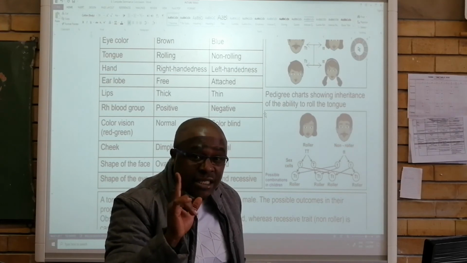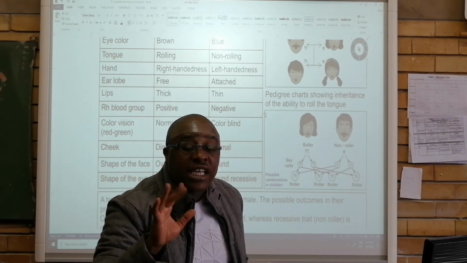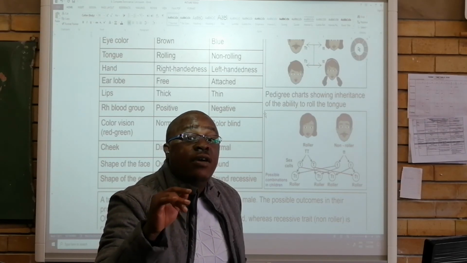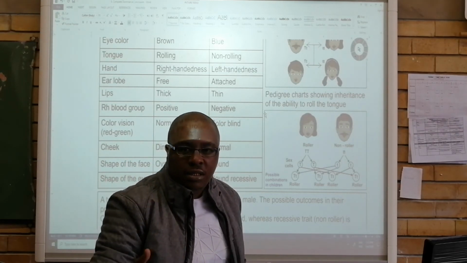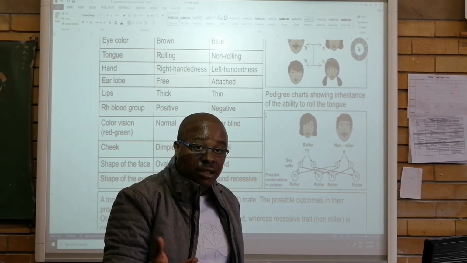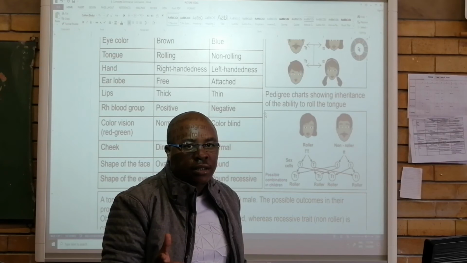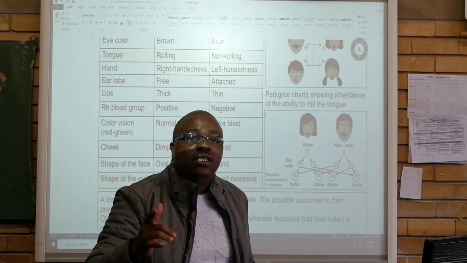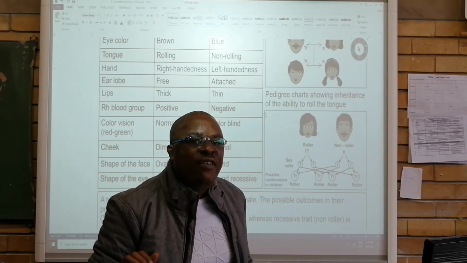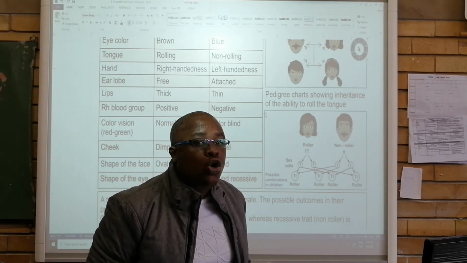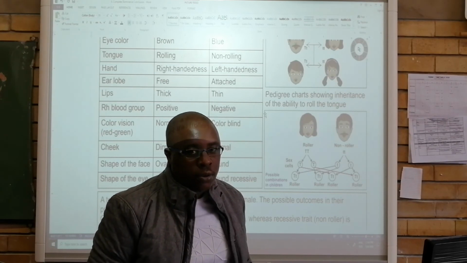And yet the reality is that having 5 fingers is actually recessive, and having polydactyl, having 6 fingers, is actually dominant. I hope you got that. So it doesn't necessarily mean that because the majority of the population have 5 fingers, having 5 fingers is the allele that's dominant. No, no, no, no.